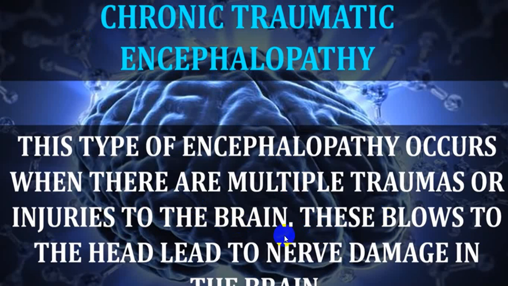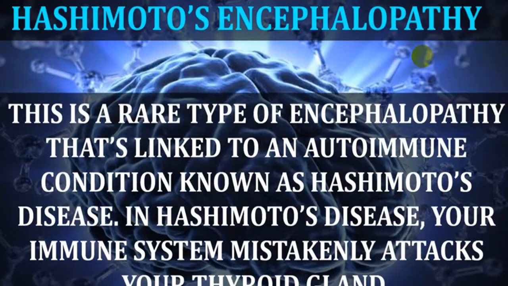These blows to the head lead to nerve damage. So there is irreversible damage to the nerves, or what we call neurons, and the person ends up with chronic traumatic encephalopathy. Very common in boxers. A classical example is the boxer Muhammad Ali.